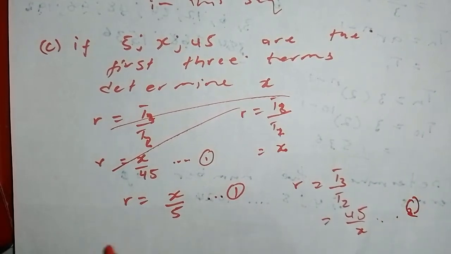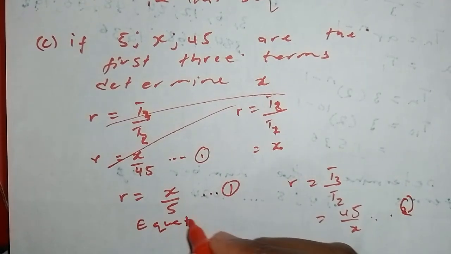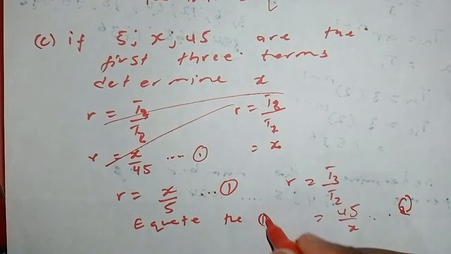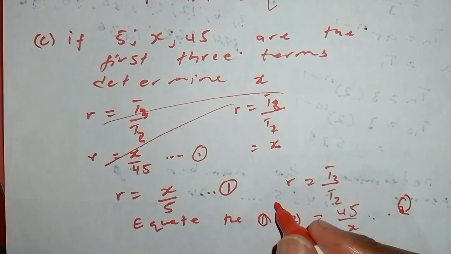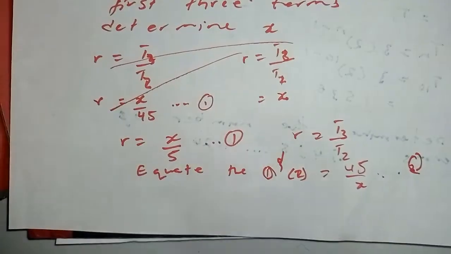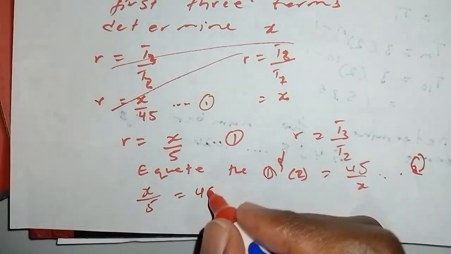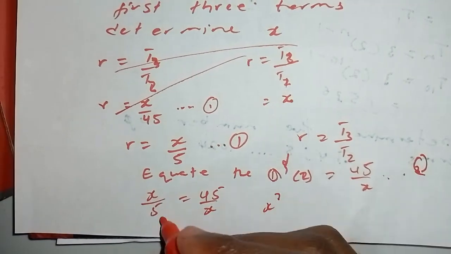Then now I can just equate the equations, equation 1 and 2. We're going to have x over 5 is equal to 45 over x. Multiply this and this, it's x squared.